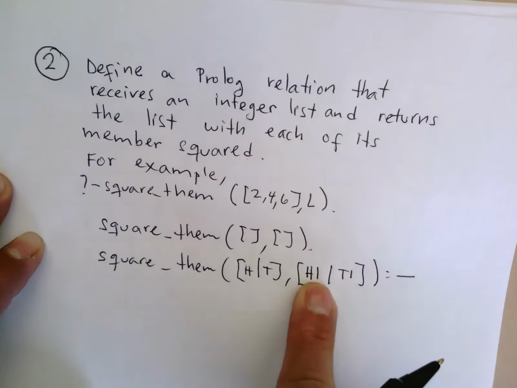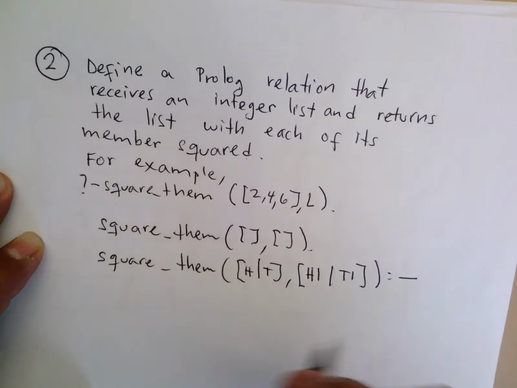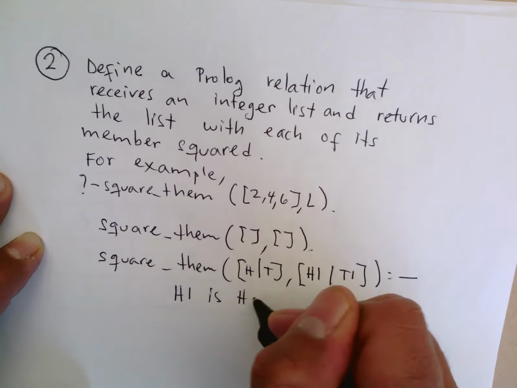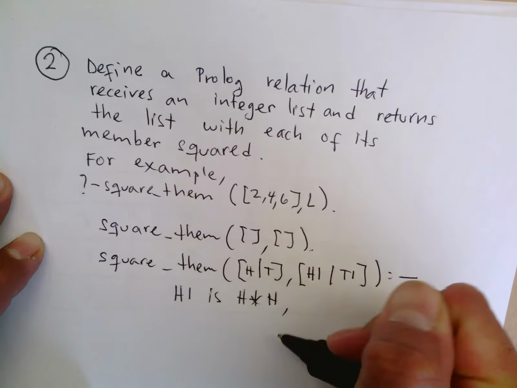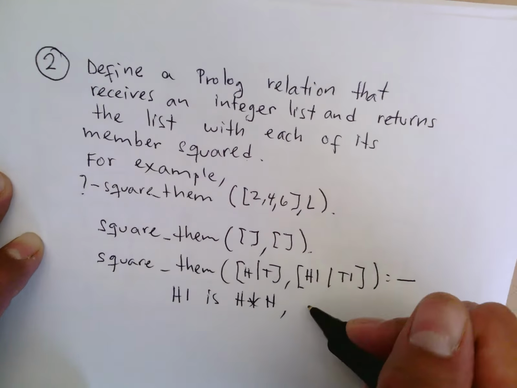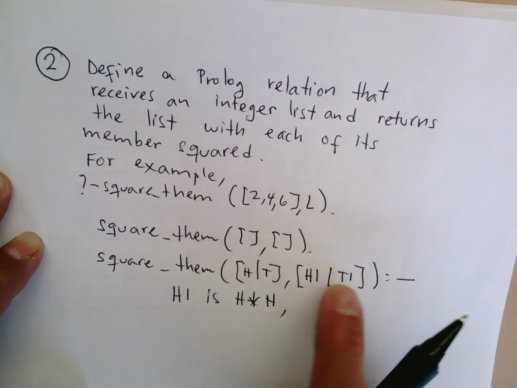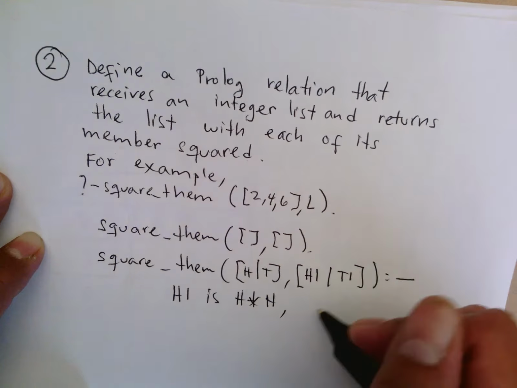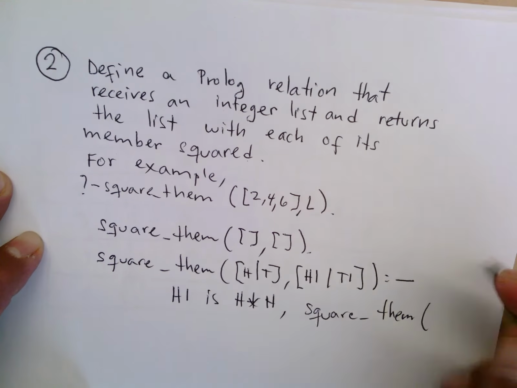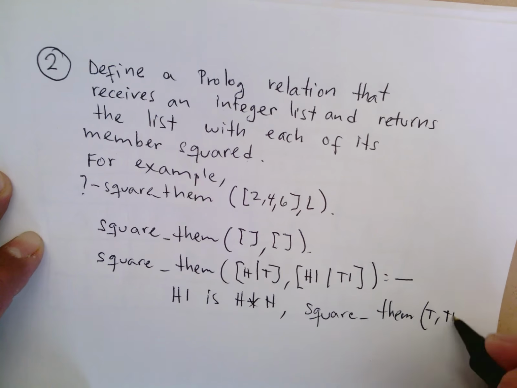Here is my head and tail of this list, which is computed the following way. So this should be the square of this, right? So here we said h1 is h times h, and then t1 should come from squaring the t. So then we do square them with a t and a t1.